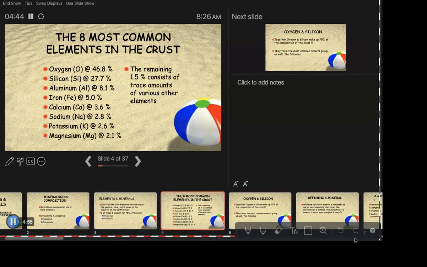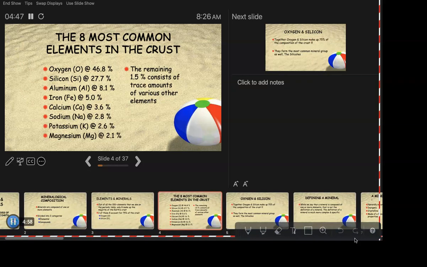Oxygen, again, we're going to round. Oxygen comes in at 47%, and silicon at 28%. There's your 75, right? So a lot of folks find that odd, and you will see questions about the primary component of the atmosphere, and everyone wants to think it's oxygen.